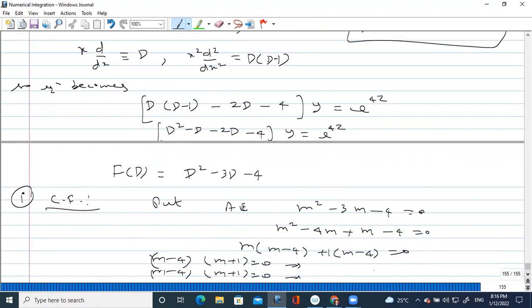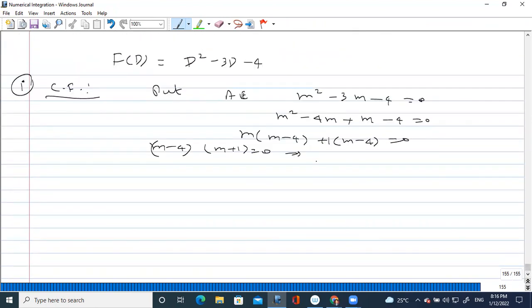So here m will be minus 1, plus 4. So your y1 will be c1 e to the power minus z. Understood? Plus c2 e to the power 4z. Okay. So here also I have to replace, in the last I will replace.